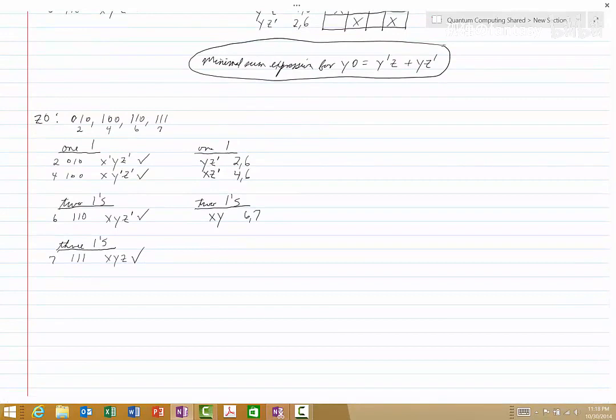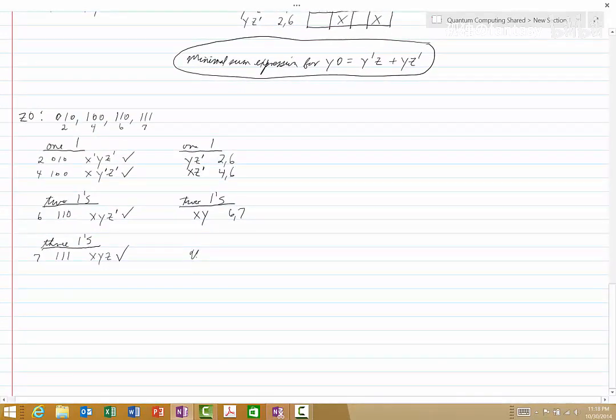And now the unchecked terms will be yz prime, which is 2 and 6, xz prime, 4 and 6, and xy, which is 6 and 7.